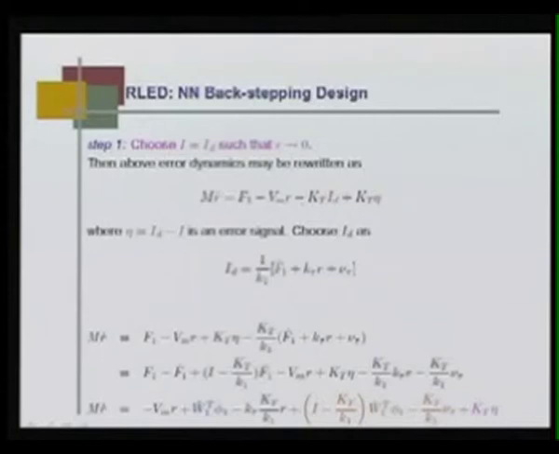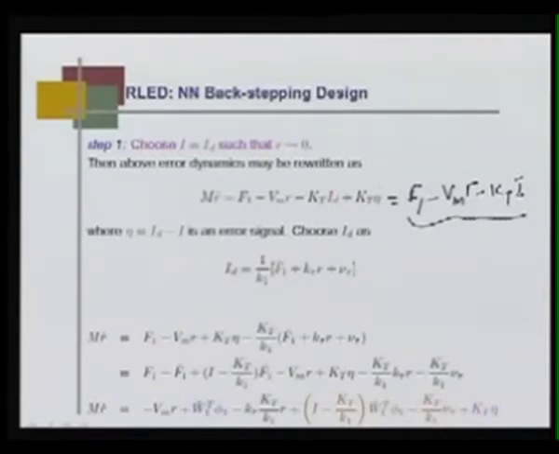Earlier it was simply minus k T I. Instead of I, I write I d plus k T eta, and eta is I d minus I. You can easily see this is the same as my original f 1 minus V m r minus k T I. This is my original dynamics, and I am representing it in this particular form.